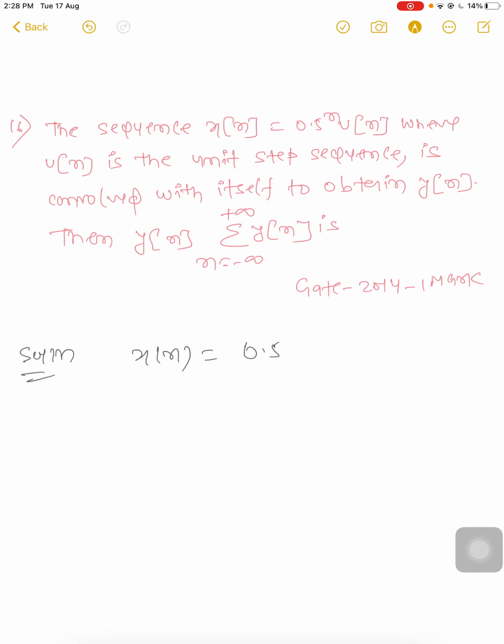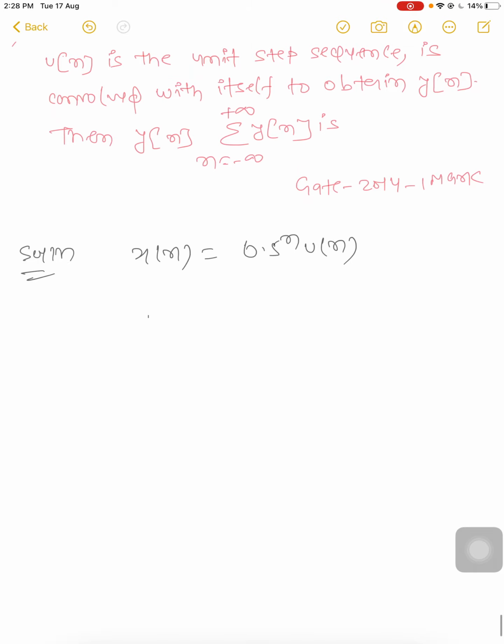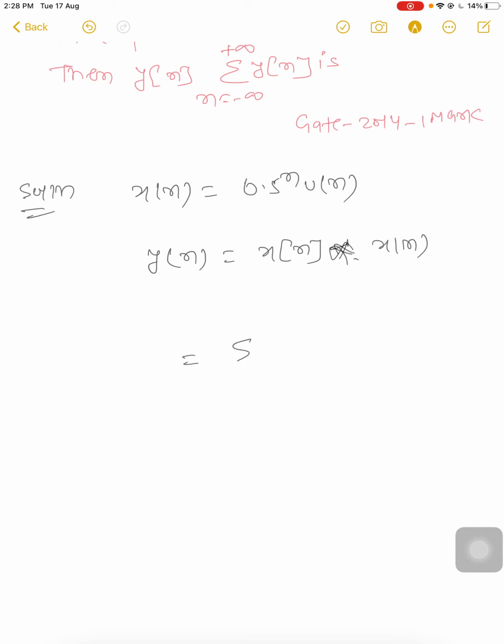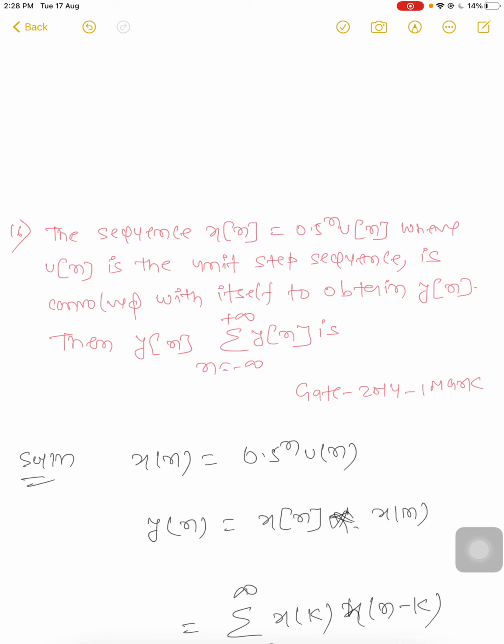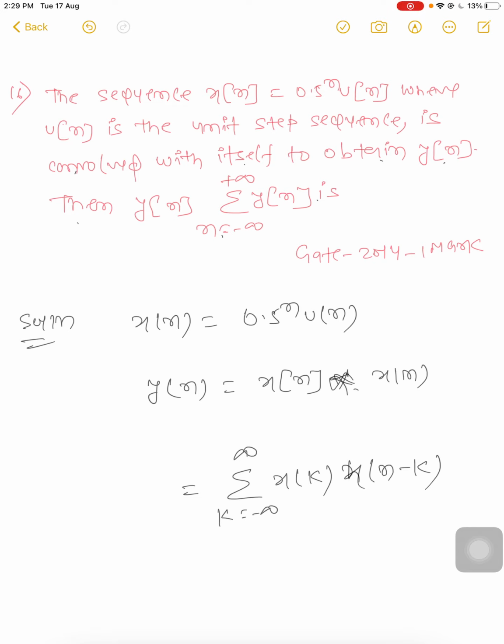Solution: x[n] is equal to 0.5 to the power n u[n], y[n] is equal to x[n] convolution x[n], that is summation k is equal to minus infinity to infinity x[k] h[n minus k], here h is also x, the same thing. Very long question.